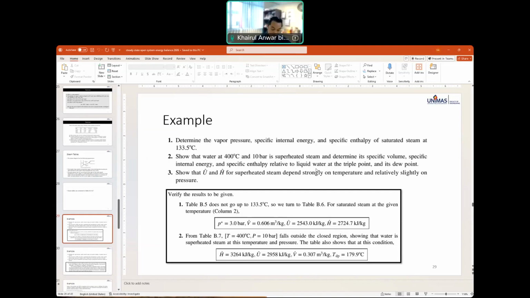Then table B7 is for the superheated steam. So table B5 and table B6 have a different type of form: water, steam, evaporation. But table B7 is for superheated steam.